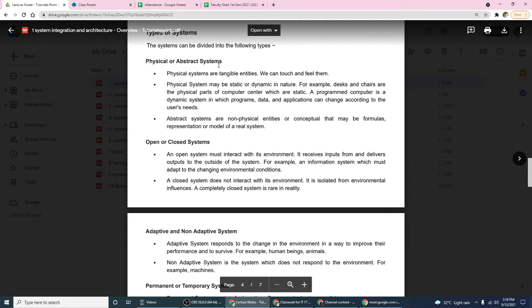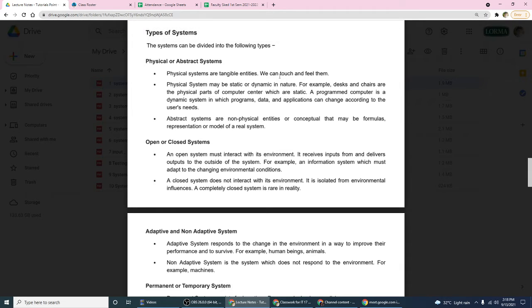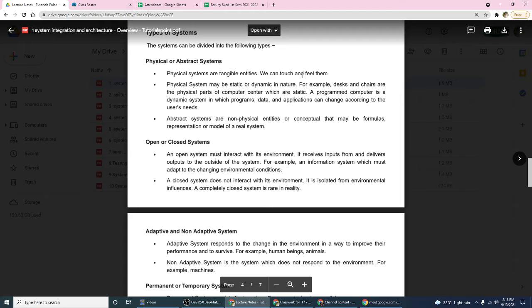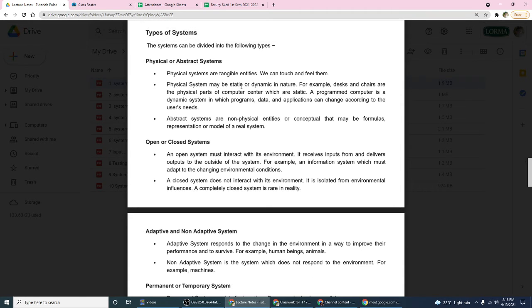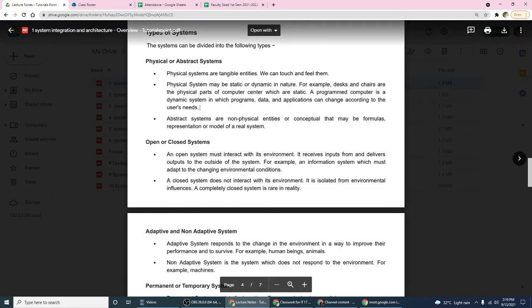So, physical and abstract system. Physical systems are tangible entities. We can touch and feel them, like hardware. Physical systems may be static or dynamic in nature. For example, desk and chair are the physical parts of the computer center, which are static. The computer program is a dynamic system in which the program, data, and application can be changed according to the user needs.